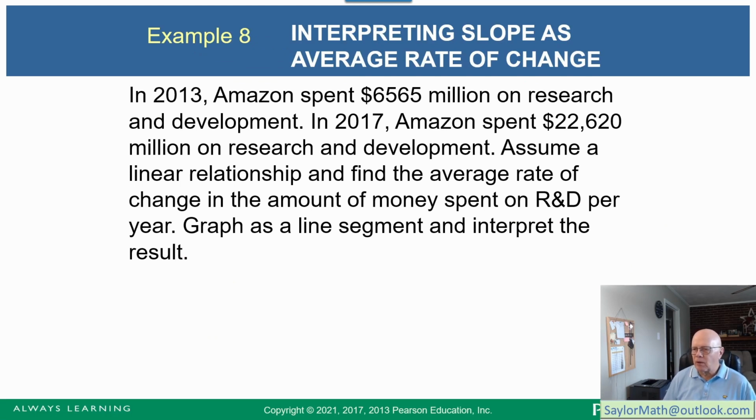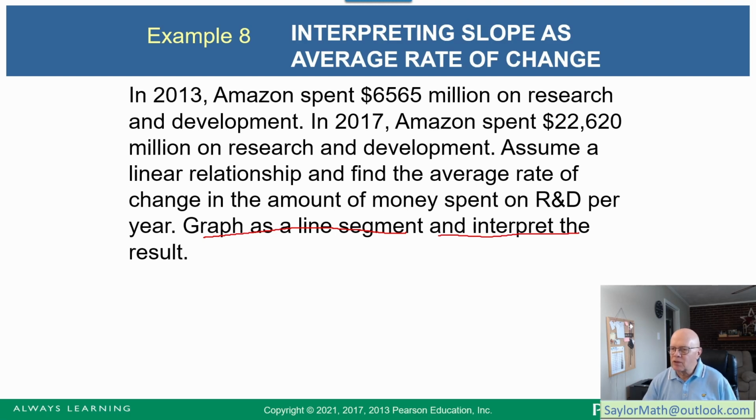Okay, let's get to a little bit of an example so maybe you get a better idea of how this actually could be used. And we're going to pretend we're in the Amazon world. Not the Amazon in Brazil, but the Amazon in the United States. So we want to graph this as a line segment and interpret the result.